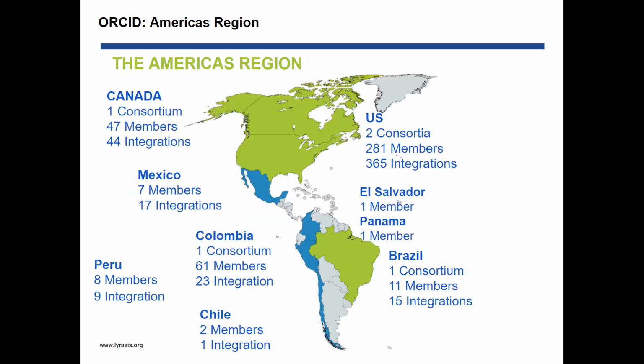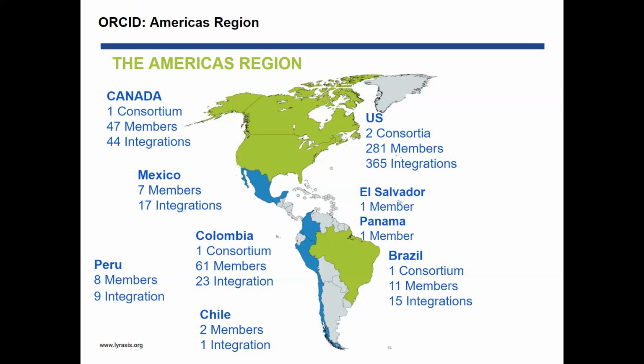And if we go to the complete Americas region, we see growth not only in the US, where we have 2 consortia, and Canada, where we have 1, but there is also a consortium in Brazil, together with some direct members.